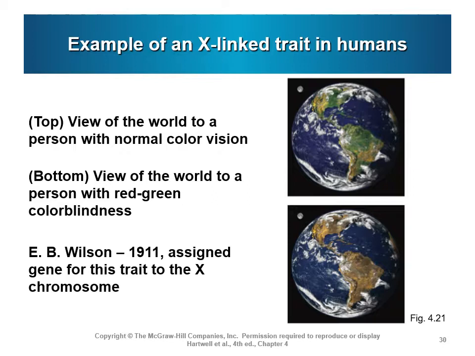This color blindness is a disorder whose gene lies on the X chromosome, which explains why it occurs more in men than in women, because women have a second X chromosome, which will mostly mask it, whereas men don't have that second extra X chromosome, so there is nothing to mask it.